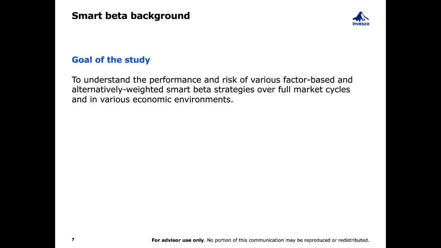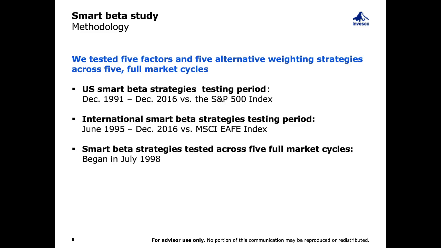For the purposes of the study, we use the term smart beta to describe a rules-based methodology that uses factor selection and/or alternative weighting in an effort to outperform a benchmark, reduce portfolio risk, or both. Smart beta strategies are based on the premise that the market prices are not perfectly efficient and that alternative weighting and factor exposure can exploit these inefficiencies.